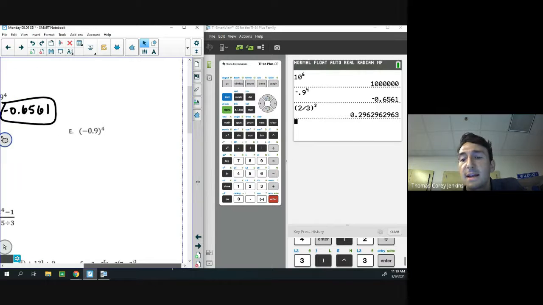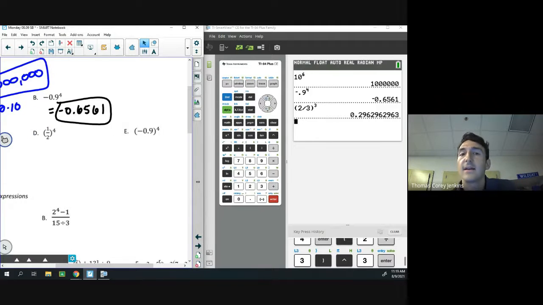So try D and E. I'll give you about 30 seconds or so. Think about how E is a little bit different than B. How does it look visually different? Then, does that make a difference? And I would say if you're looking at B compared to E, your calculator is going to be helpful.